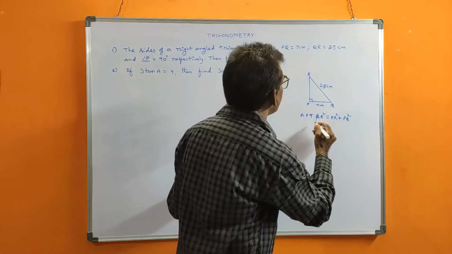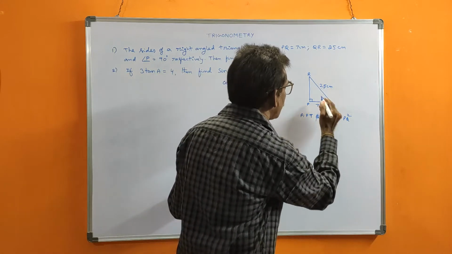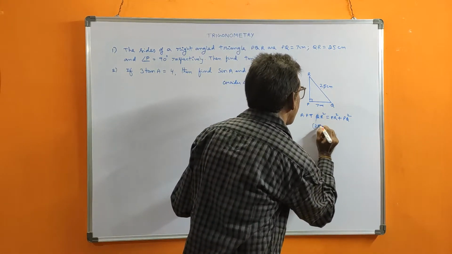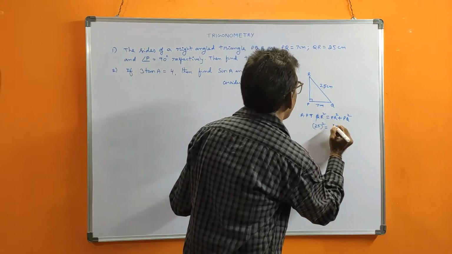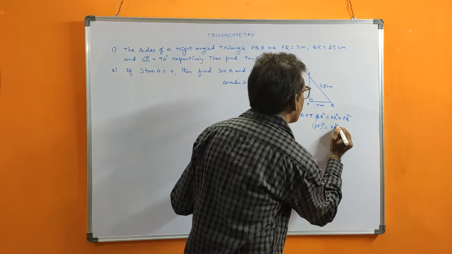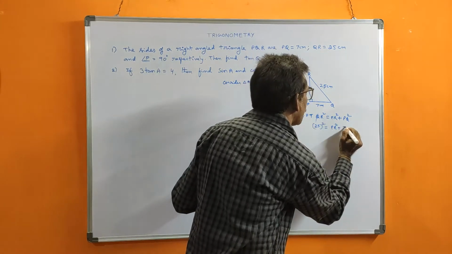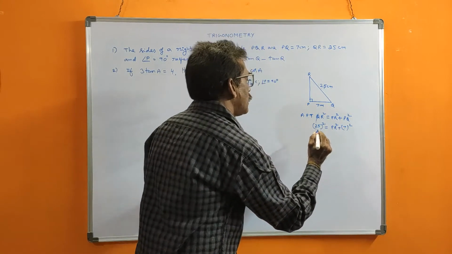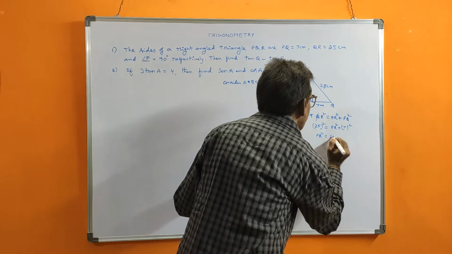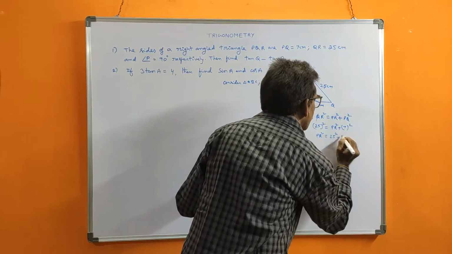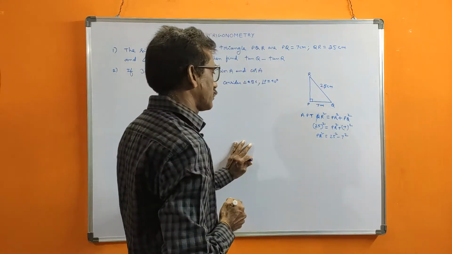Now substitute the values. QR is 25, squared. PR is not known, we have to calculate, so leave it like this, PR squared plus PQ is 7, squared. Now if you want PR squared, it is 25 squared minus 7 squared.